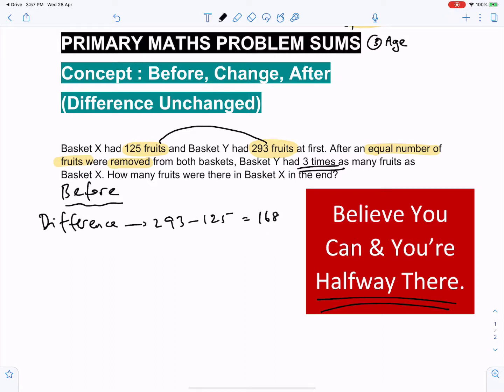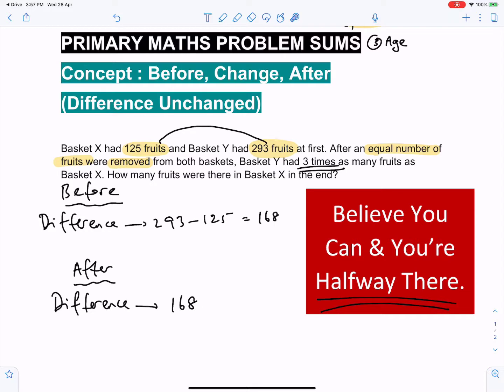There's a difference in the number of fruits in both these baskets at first. Now since we know this is difference unchanged, the difference in the after case will still be the same at 168 fruits.